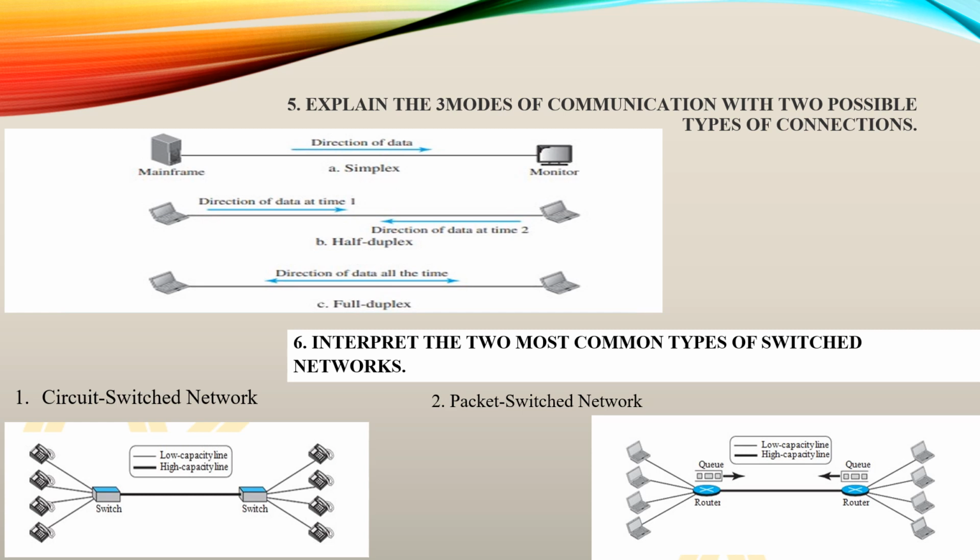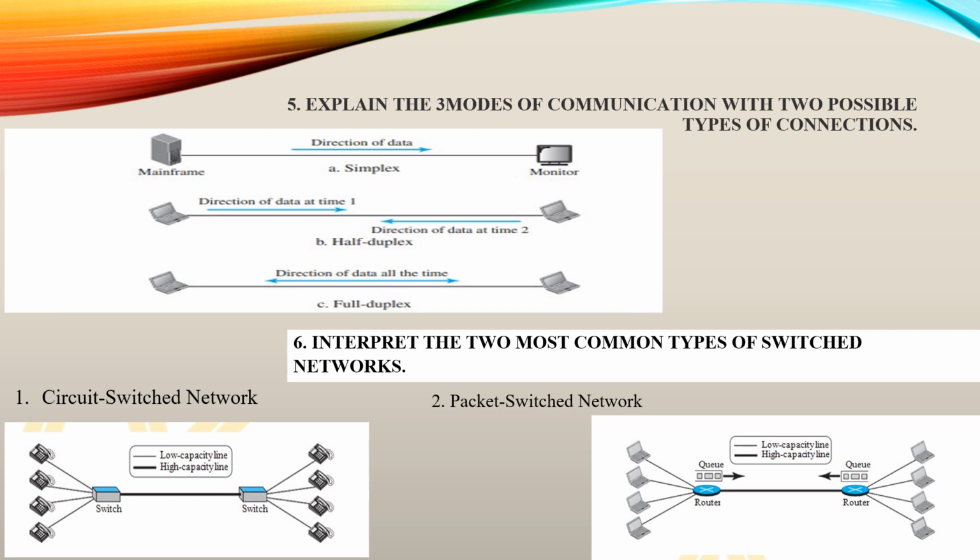Moving on to the sixth question, interpret the two most common types of switch network. They are circuit switch network and packet switch network. With the diagram, you will explain that circuit switch depends upon the high and low capacity of the transmission line, and it is a circuit that is formed to transfer the data from the sender to the receiver.